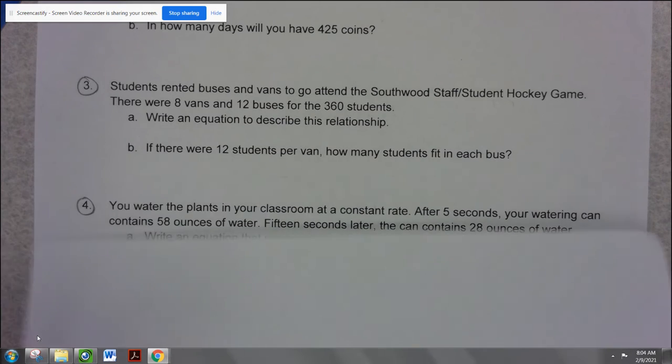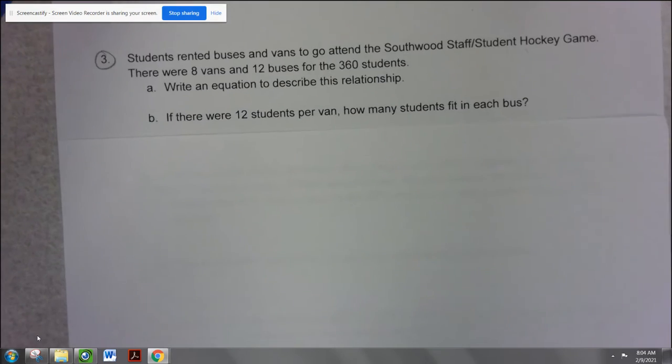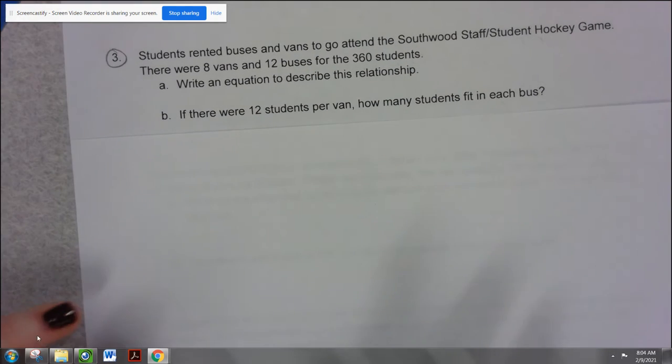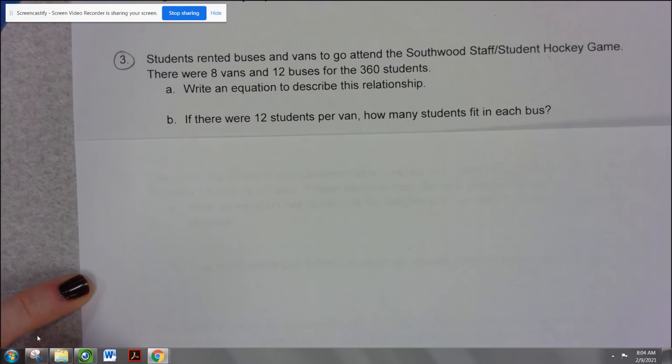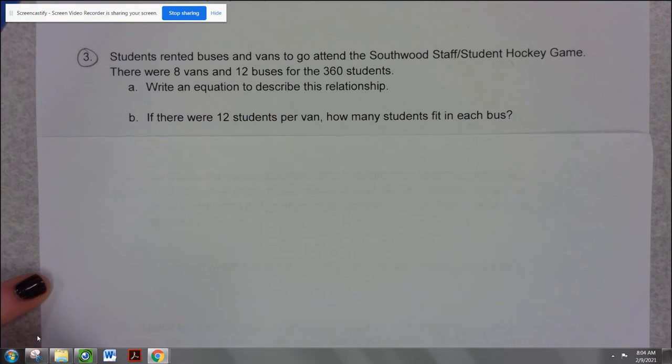All right. The next question we're going to look at is question number 3. So students are renting a bus to go to a hockey game. There are 8 vans and 12 buses and a total of 360 students. And our goal is to write an equation that describes this relationship.